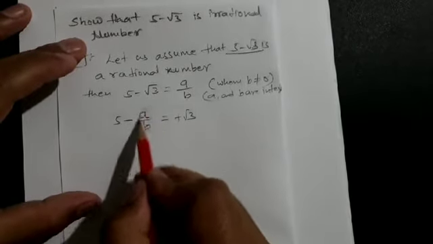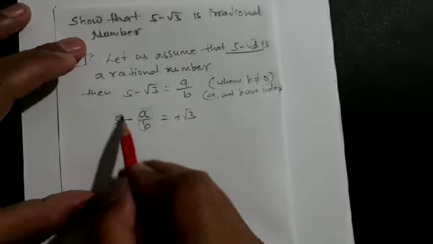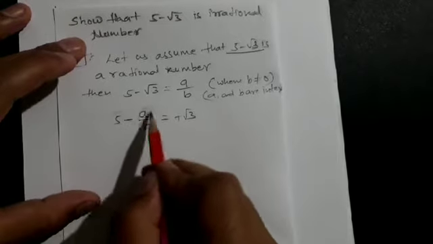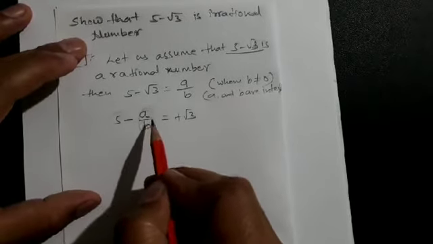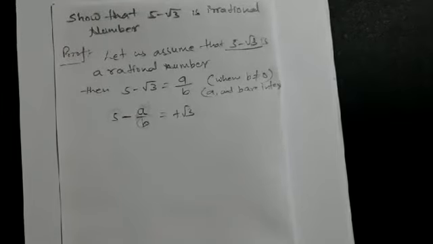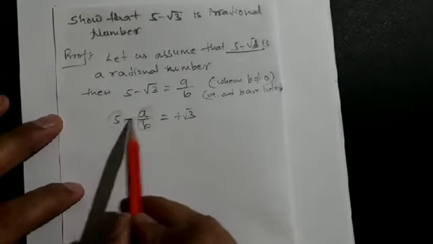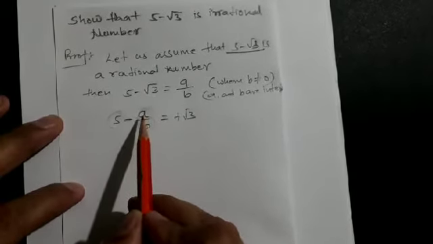So a by b is a rational number. 5 is an integer, so automatically a rational number. Rational number minus rational number is again a rational number. When we add, subtract, multiply or divide two rational numbers, our answer will always be a rational number.